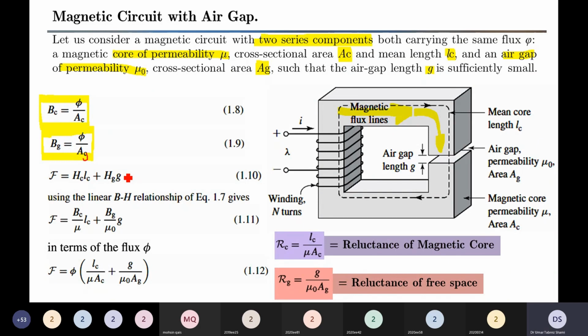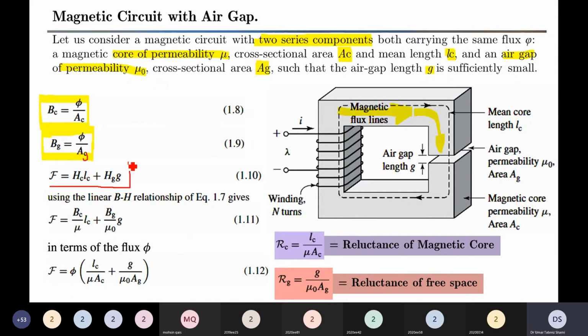Okay, so what is equation 1.10? Equation 1.10 is very important as it tells us the total magnetomotive force required to produce flux in the core and in the air gap. Therefore, Ni, or the MMF, is equal to HC LC plus Hg times the length g.